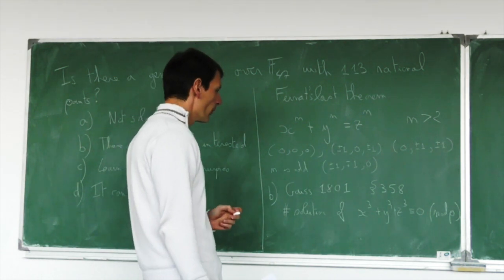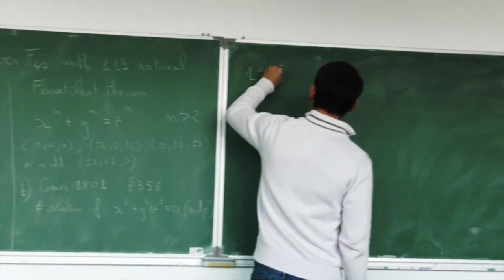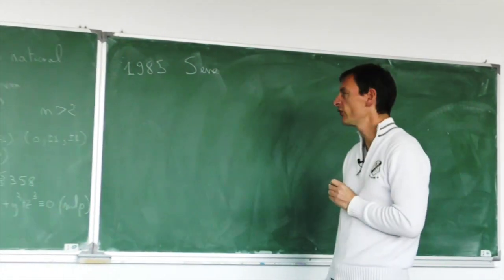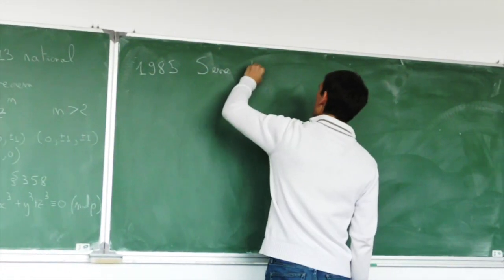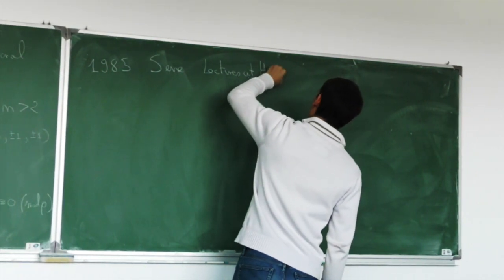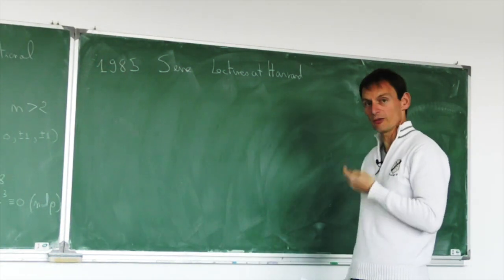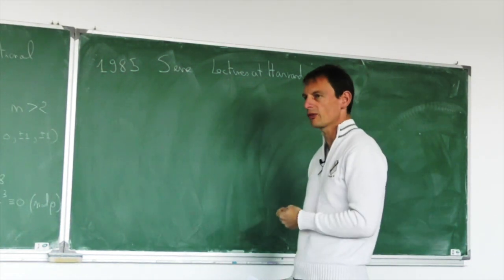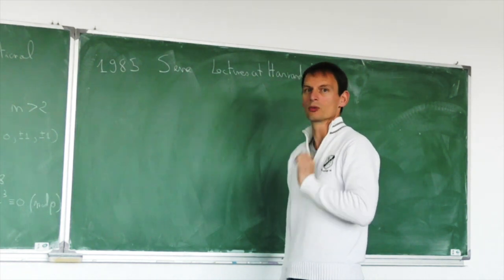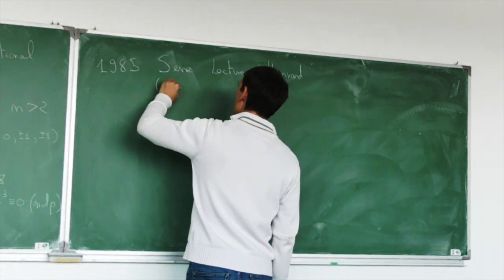Closer to us, in 1985, Jean-Pierre Serre gave a series of lectures at Harvard University. These lectures were really famous, and in particular, in this lecture, he solves the question of what is the maximal number of rational points for a genus 2 curve over any finite field.